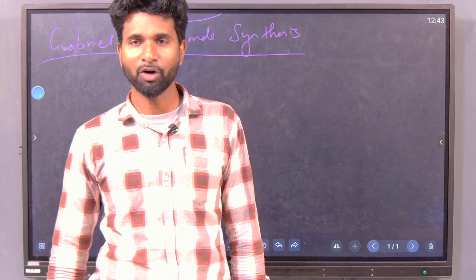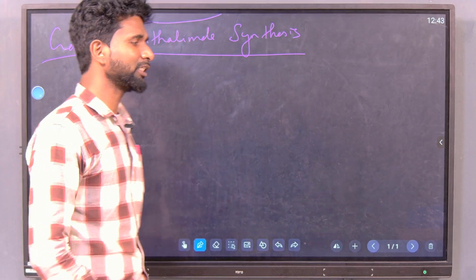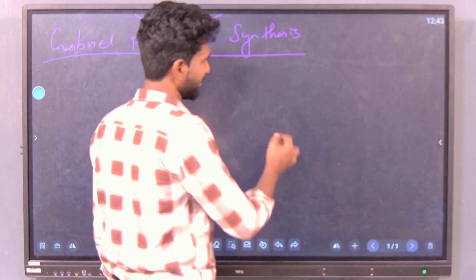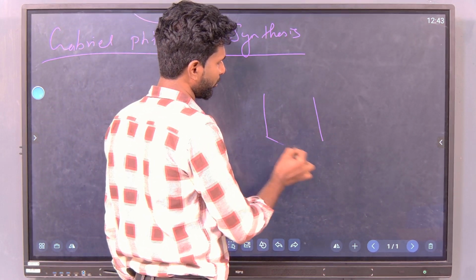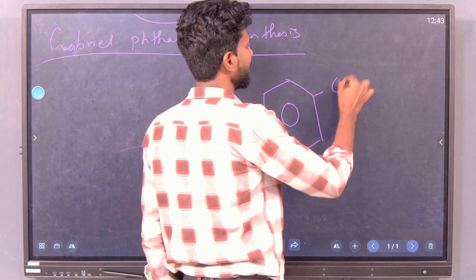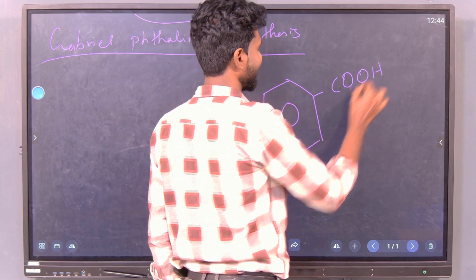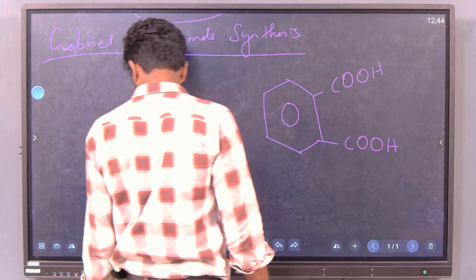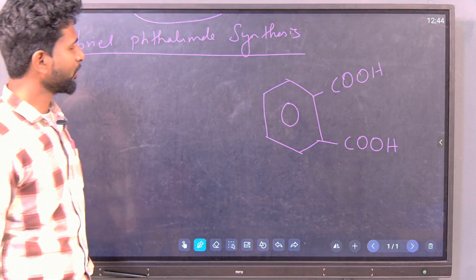It is obtained from phthalic acid. We know phthalic acid is an aromatic dicarboxylic acid, with two COOH groups.